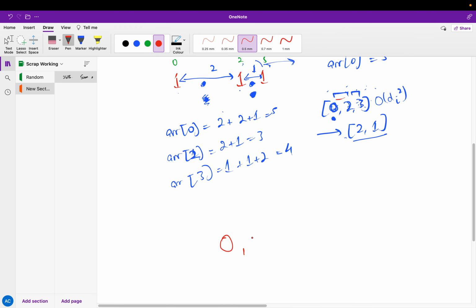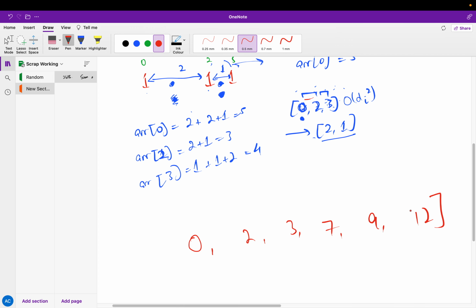Let's say it's element 1, but it's at positions 0, 2, 3, and then 7, 9, 12. These are my indices. I'll make them green because I normally do indices in green.